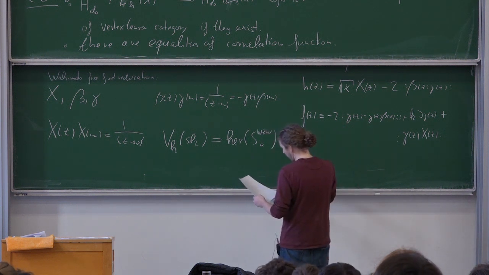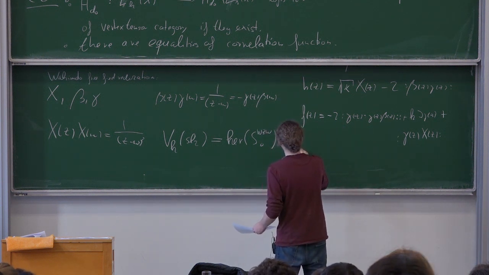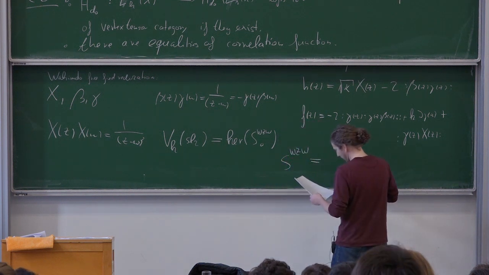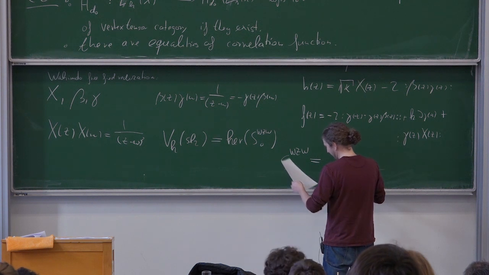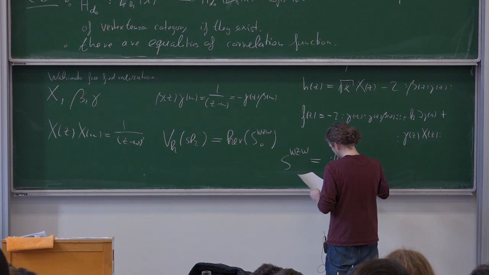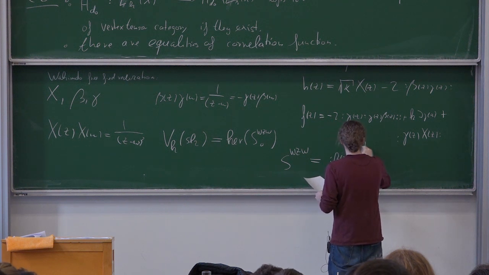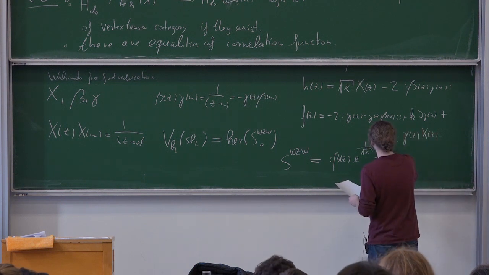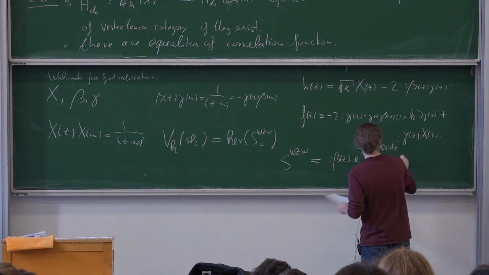And this screening charge is the zero mode of an intertwiner, and it is written like this. In order to understand it, one has to talk a little bit more about representation theory of free bosons.